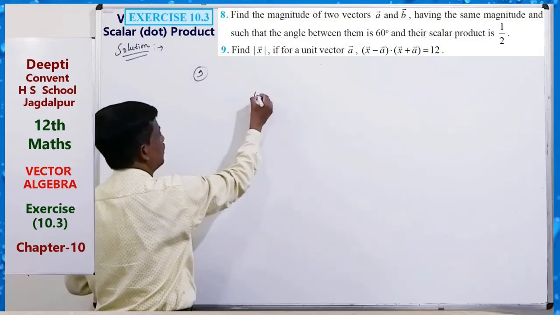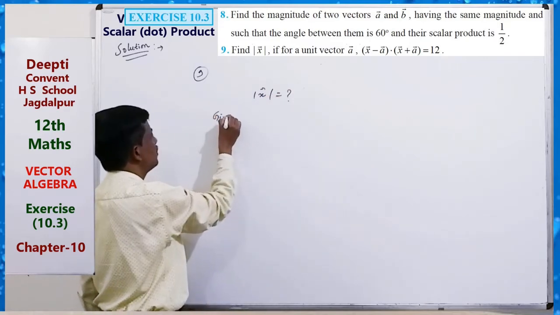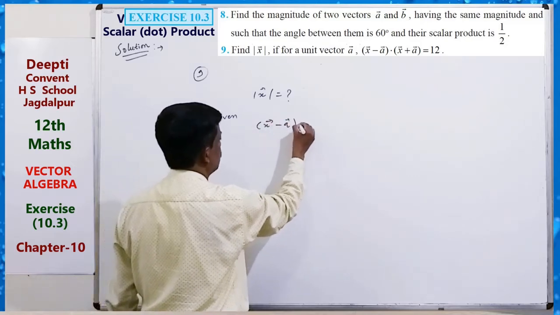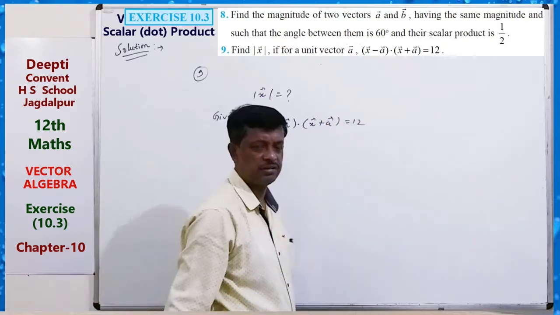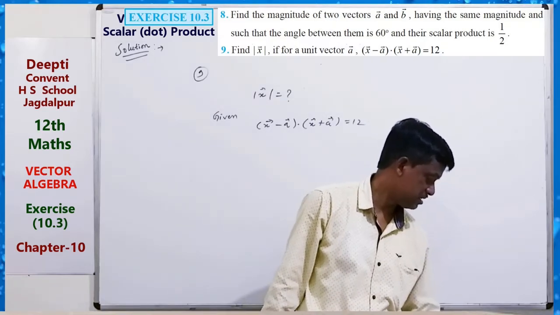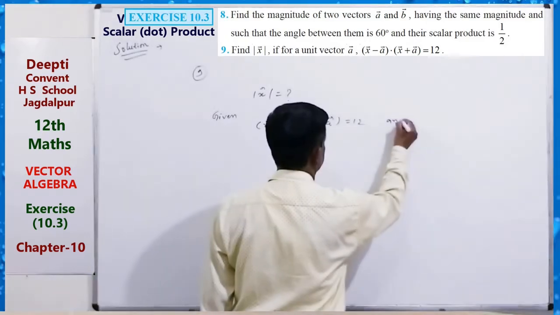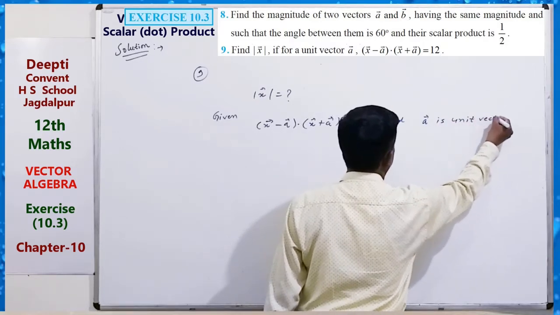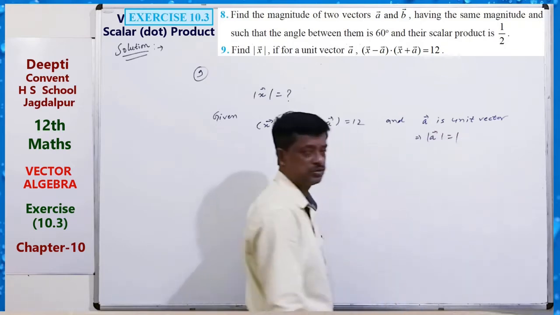Question 9. We have to find this, given (x − a) dot (x + a) equals 12. Very simple. Just like previous question 6. Given this, and a is a unit vector, that is, modulus is 1.